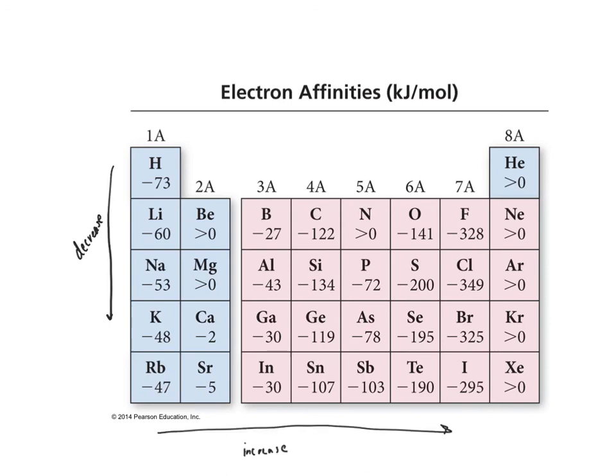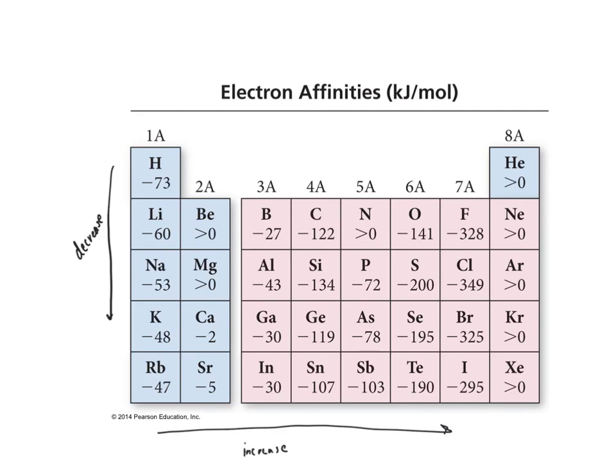Again, notice that for some of these, this isn't the case. Electron affinities really start to be the ones where it's like, is this really a trend? Because they don't really all follow suit.